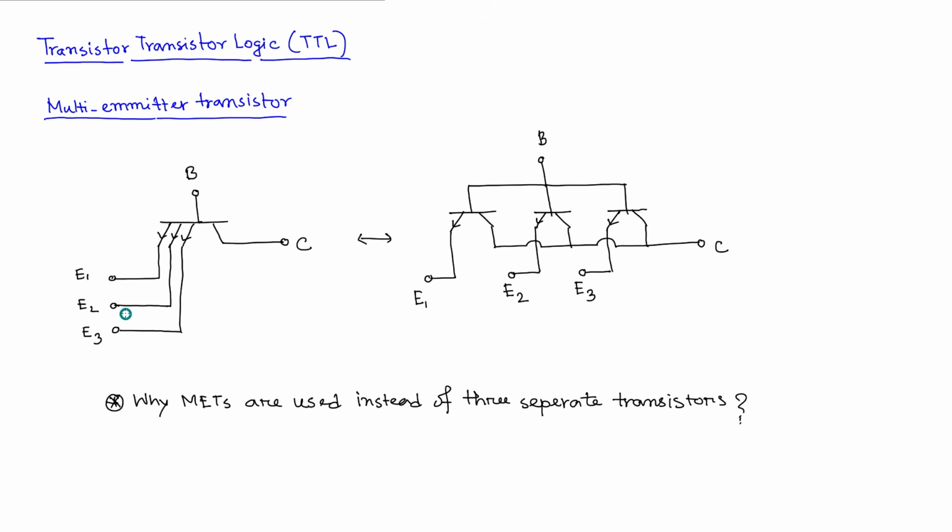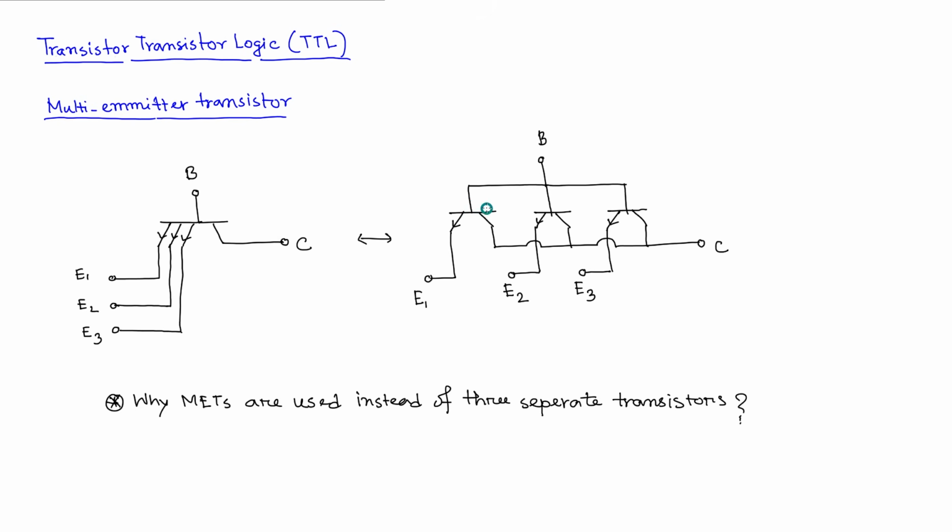This is required because in the architecture of TTL we will see that at the input side we will use this kind of multimeter transistors. And one question there can be, like I asked in the classes as well whenever I covered this topic: why do we use this kind of multimeter transistors instead of three separate transistors? We can do that.